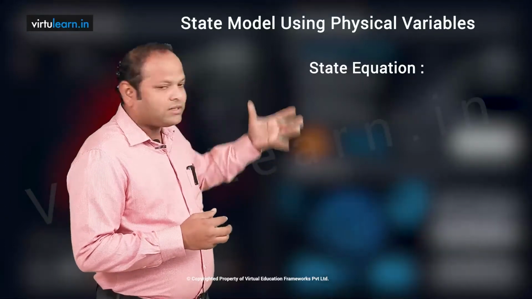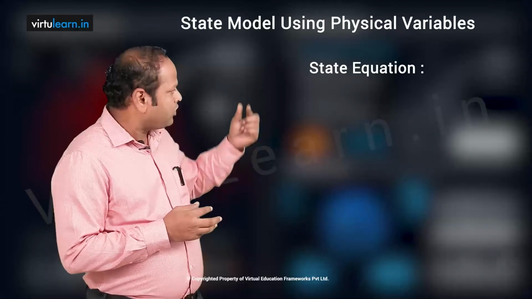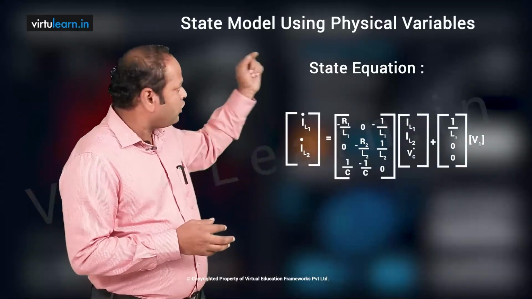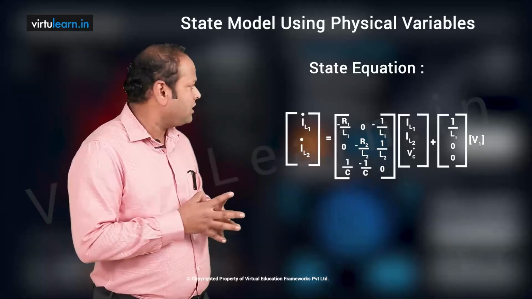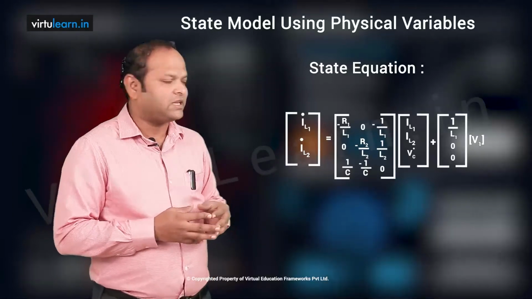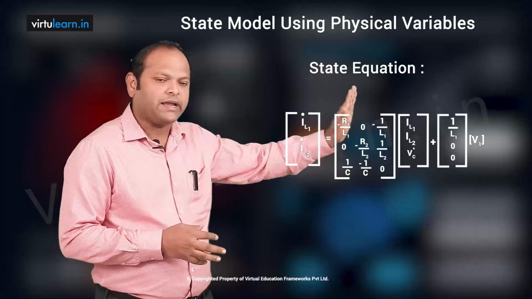Now when you look at the state model, IL1, IL2, and Vc are the state variables. The dot gives the derivative of the state variable vector, then we have the A matrix times the state variables IL1, IL2, Vc, plus the input matrix, and V1 is the input.